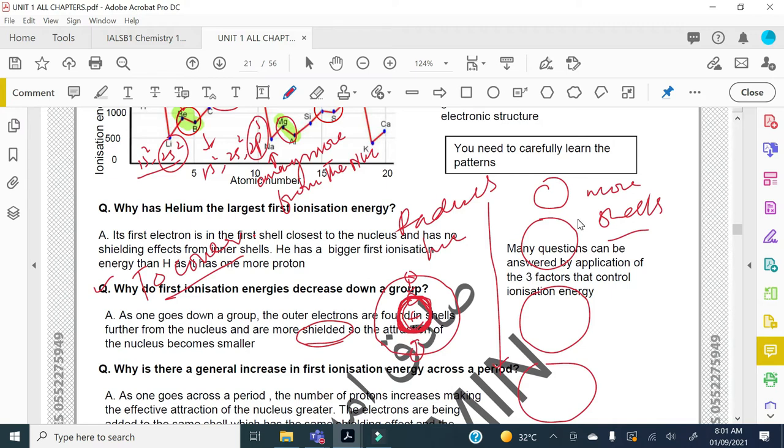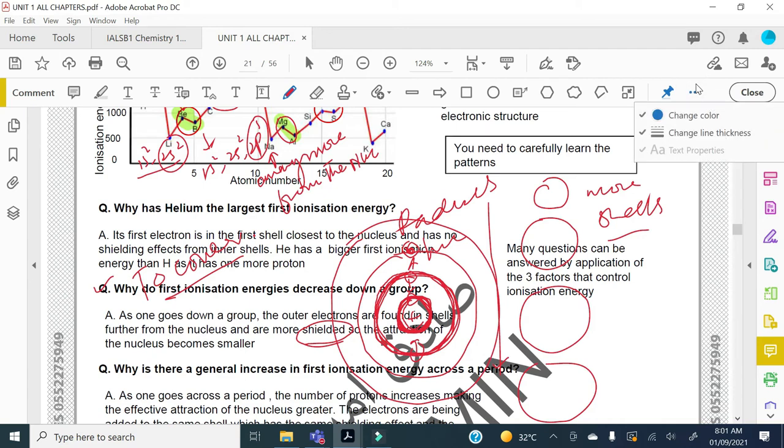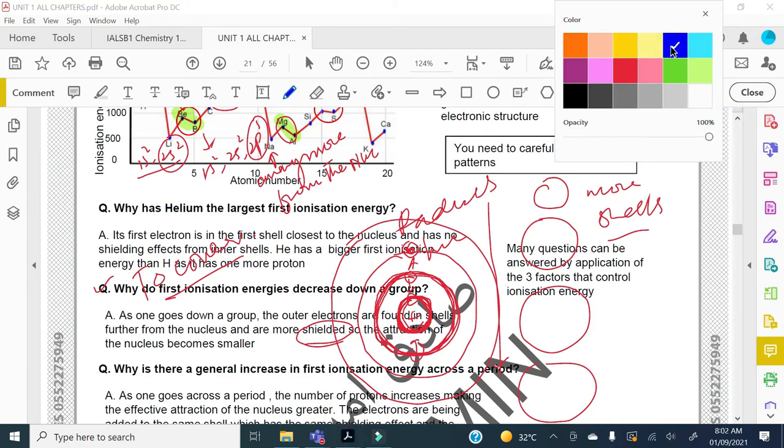Now shell number 1 and 2, the electrons living there, will try to hide the nucleus so that the force of attraction doesn't reach this electron. This is called shielding effect. Shielding effect is always studied on the last electron. When we increase the number of shells, you can see that the shielding effect is highly effective now.